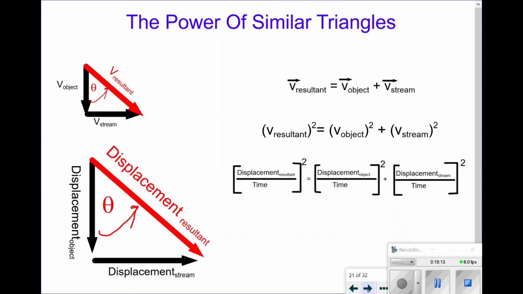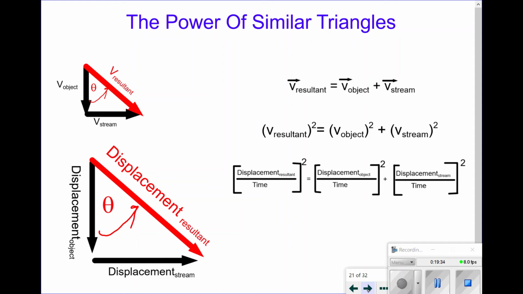This is important because this now provides two similar triangles, the velocity triangle and the displacement triangle. And since the angle of the velocities must be the same angle as their displacements, these two triangles are similar. Similar triangles are always proportional to one another.